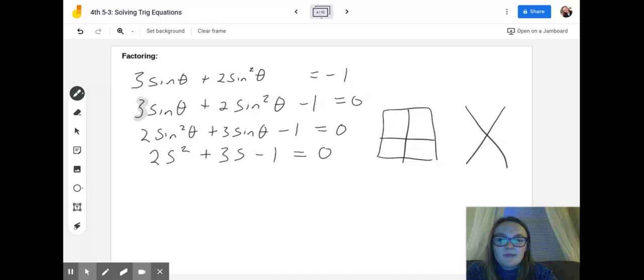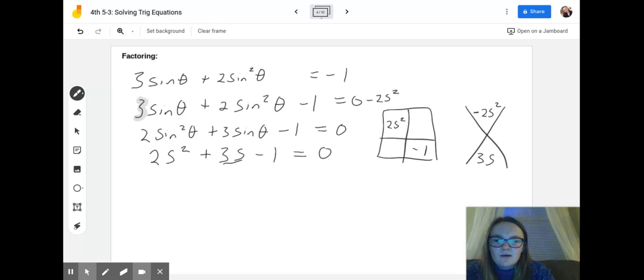I'm going to put the biggest exponent in the upper left, so that's 2s squared, and my smallest in the lower right. If I multiply them together, I get negative 2s squared. So I want to know what multiplies to negative 2s squared and what adds to 3s. Well, there's really only a couple factors for negative 2s squared, and I want to know which of these is going to add to 3s.